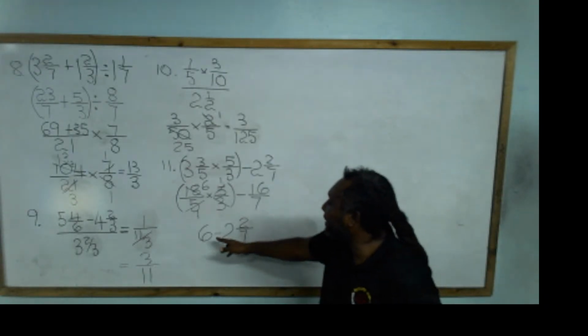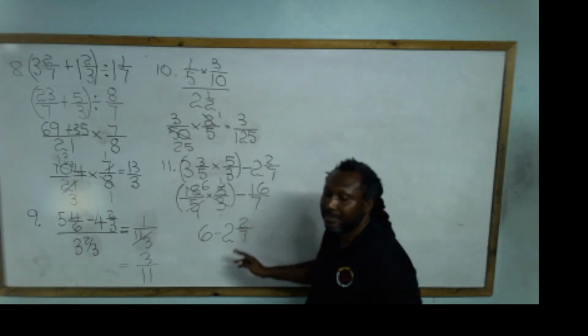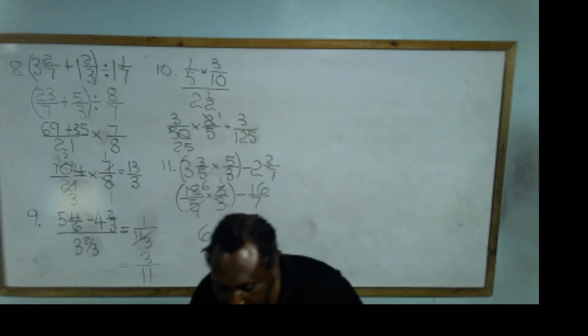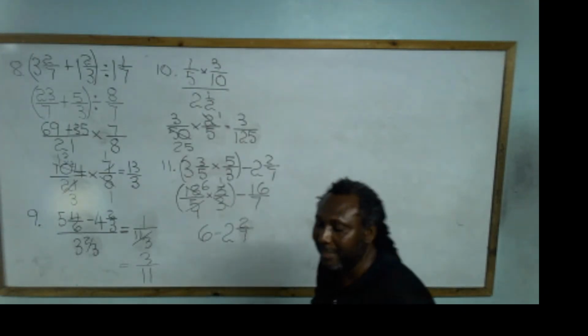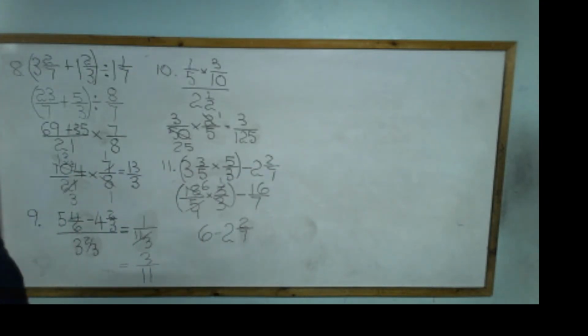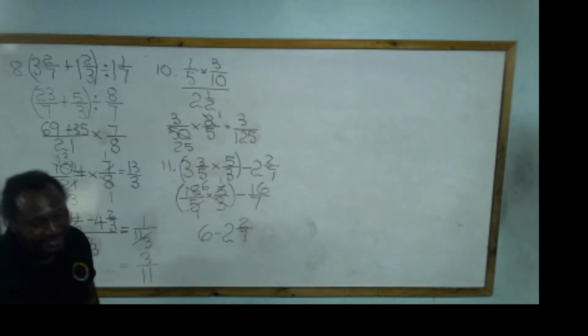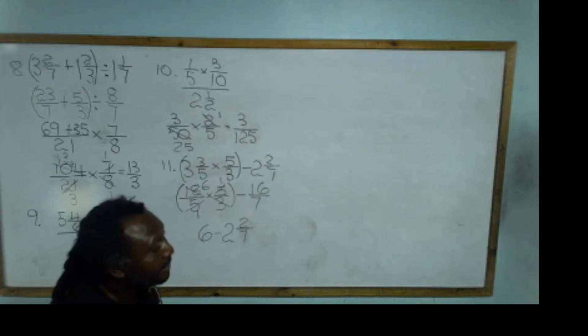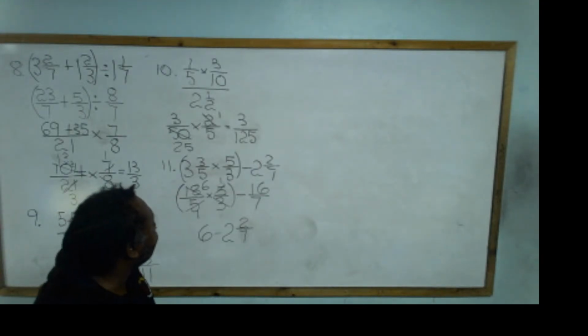First of all, 6 minus 2 and 2 sevenths. What do you say first? 6 minus 2. What is 6 minus 2, students? Lovely. I see some students putting up 4 immediately. Yes, that's nice. 4.